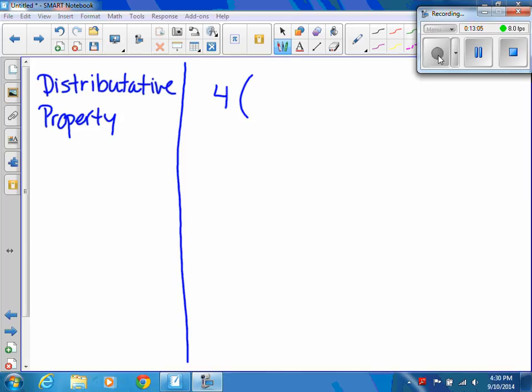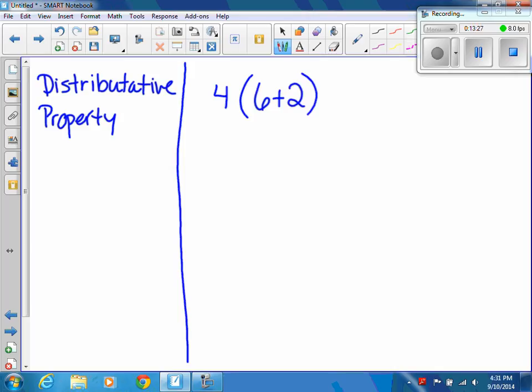So if I have 4 times 6 plus 2 inside parentheses here, if I was using order of operations, I could just add 6 plus 2 and then multiply it by 4. But sometimes it's going to get a little more complicated where I will not be able to add what's inside the parentheses because I have a variable and a number. So what we need to do is distribute.